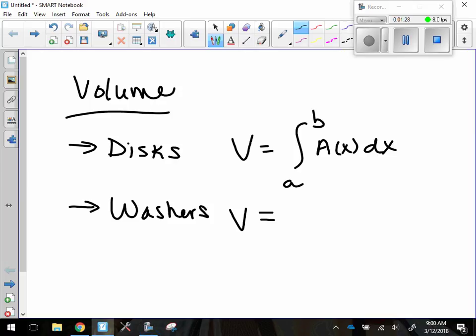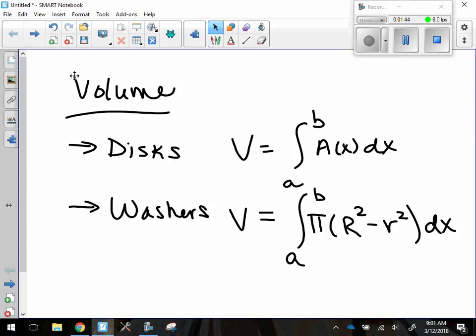I suppose you could make it work for something that wasn't a circular cross section. But basically what we're doing is taking some integral from a to b, pi times the outer radius squared minus the inner radius squared times dx. Again, dx is the thickness of the washer.